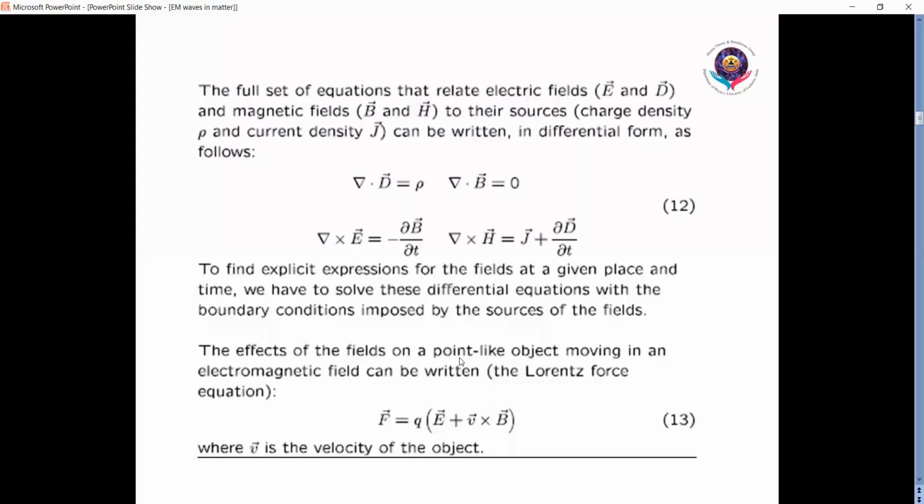The other field is the magnetic field. So we have two relations like we have studied in Maxwell's equations. These are the 4 Maxwell's equations. We have already studied these equations and their proofs.